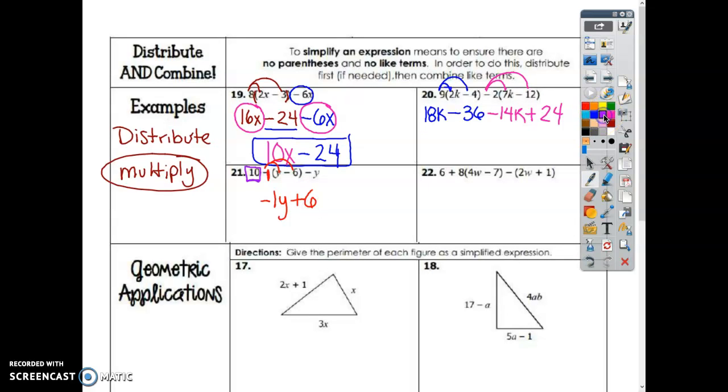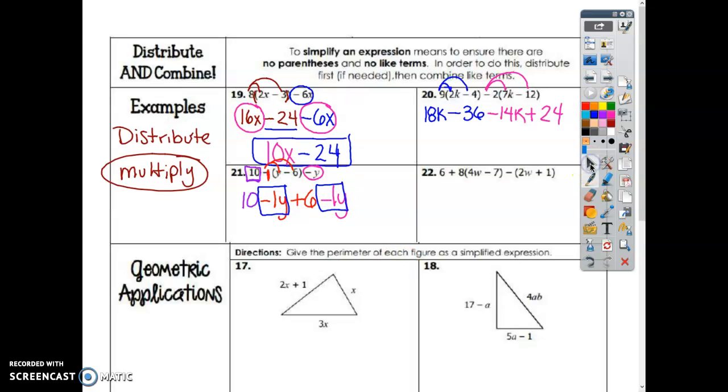What did I say we're doing with the 10? Bring it down. What do you think we're going to do with the minus y? Bring it down. Okay, that's a minus 1y. So when I combine like terms, the ones that look alike are the minus 1y and minus 1y.